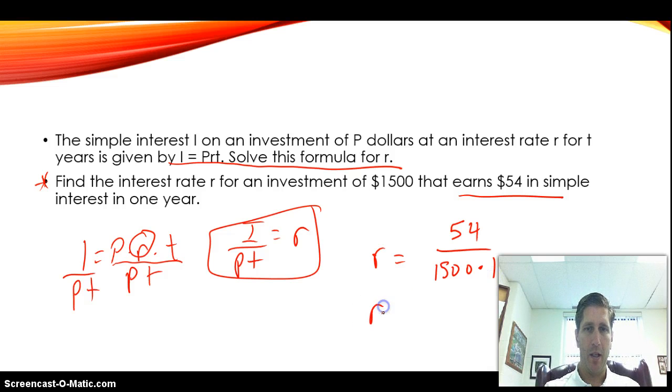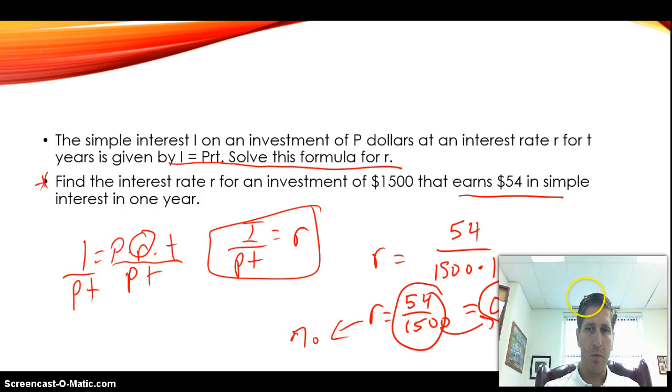So really this is saying R equals 54 divided by 1,500. And we know that that equals 0.036. Now when I divide these two numbers, you got to understand that this is a decimal. And remember, rate, they want as a percentage.